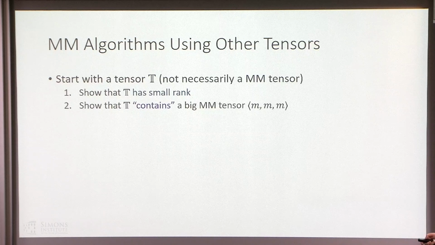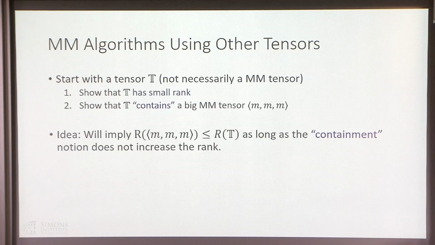And then after we have a tensor whose rank is nice and small, we try to show that T contains a large matrix multiplication tensor. If this containment does not increase the rank of the underlying tensor, then you would get that the rank of m by m matrix multiplication is bounded by the rank of the tensor, and then you can apply the previous approach, just as before.